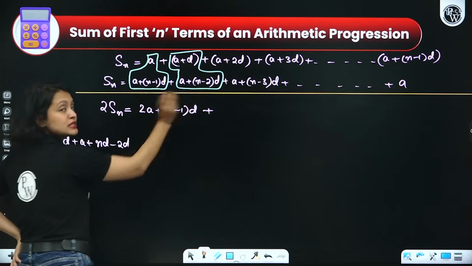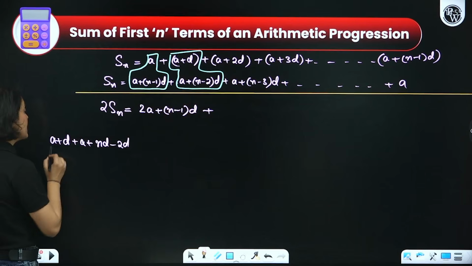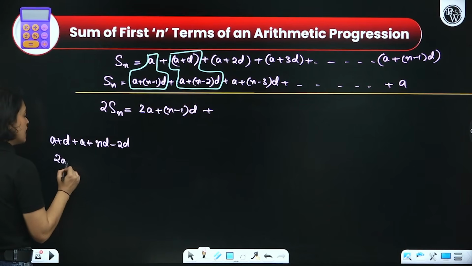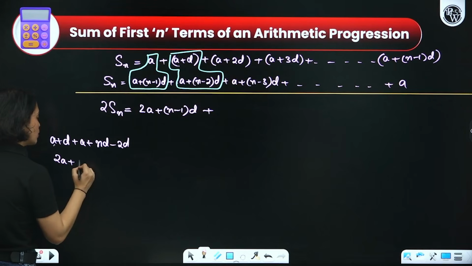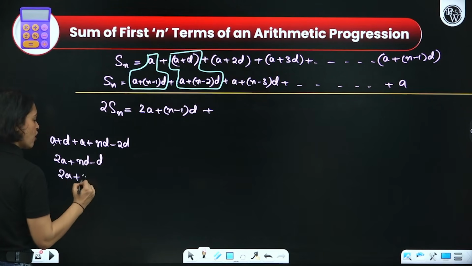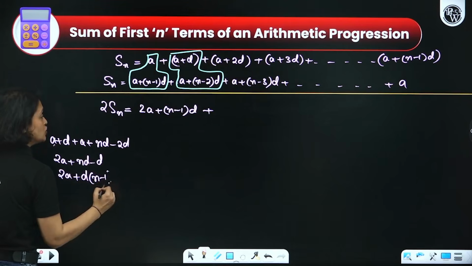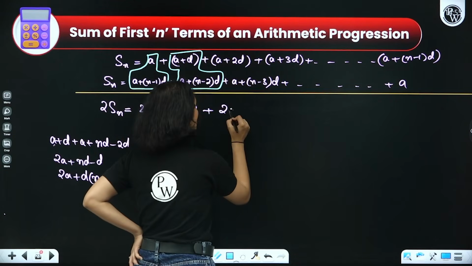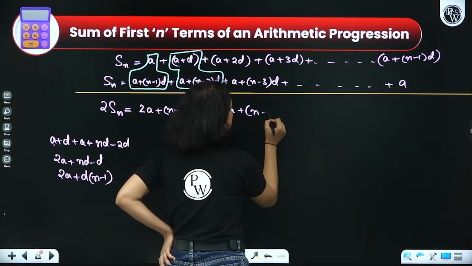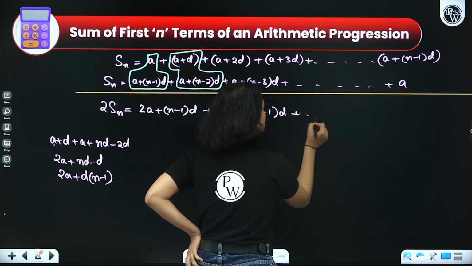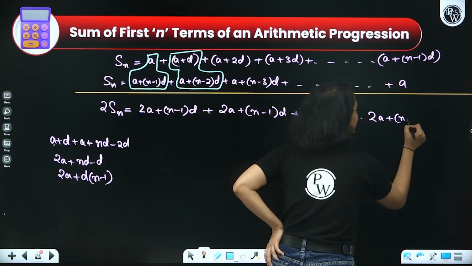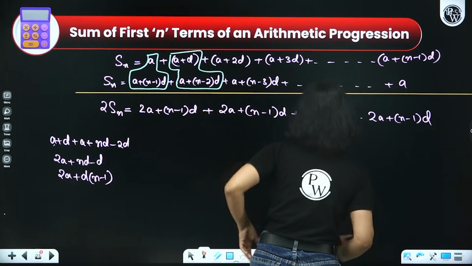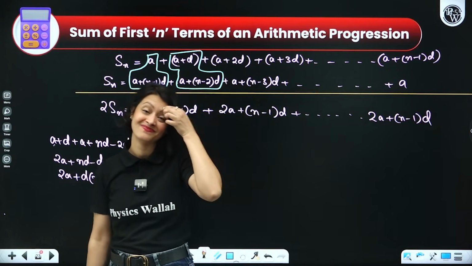So, A plus A is 2A, and now D minus 2D is minus D. So, nD minus D. If I take D common, I'll get (n minus 1). So, again I'm getting the same thing, 2A plus (n minus 1)D. In fact, you can keep adding in this pattern and you will always get 2A plus (n minus 1)D. You will always get this, everyone.